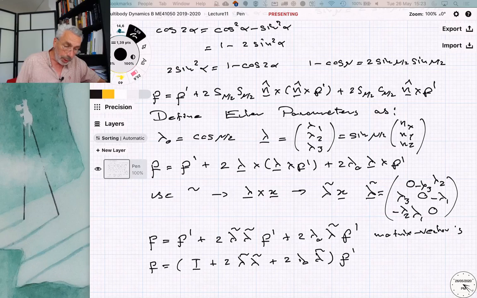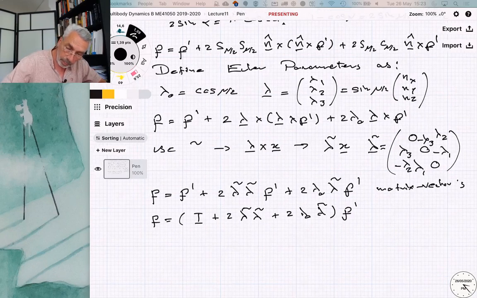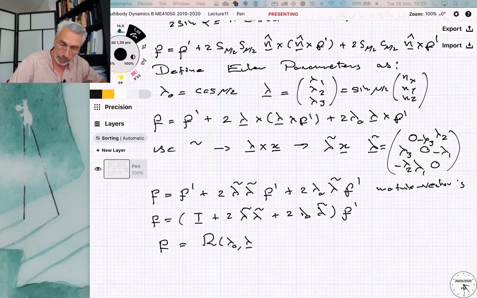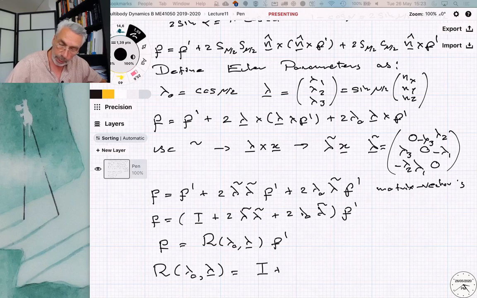And the conclusion is, of course, that this must be the rotation matrix, because then we have this is the rotation matrix in terms of lambda times P prime. Or ergo, this rotation matrix in terms of these Euler parameters is given by this identity plus 2 times lambda tilde squared plus 2 times lambda 0 lambda tilde.